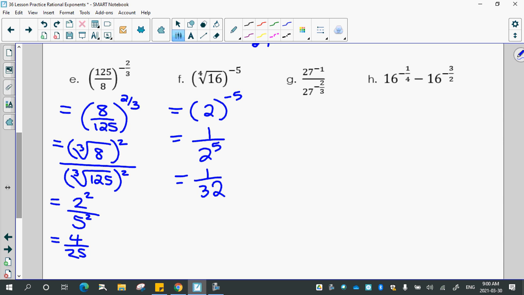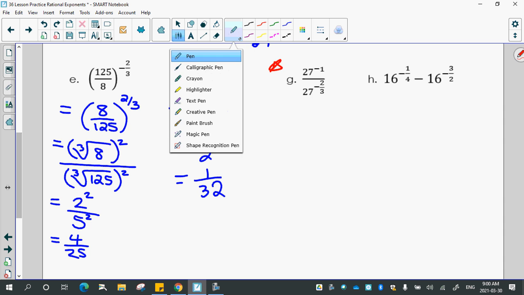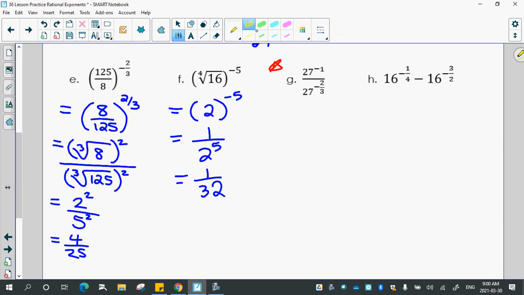Okay, here's a starred one here. So for this one, we actually have to use the exponent rule where, when we divide powers with the same base, we keep the base and do what with the exponents? Subtract. So my first step is not pretty, but here's what it is. 27 to the -1 minus -2/3.